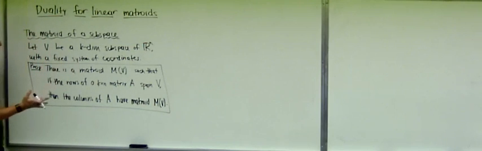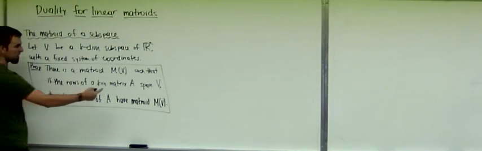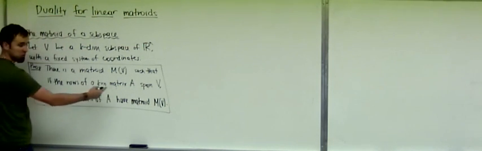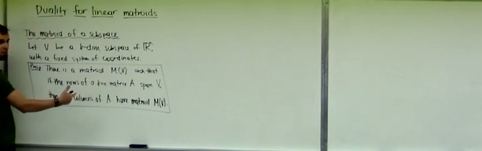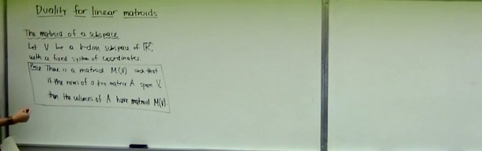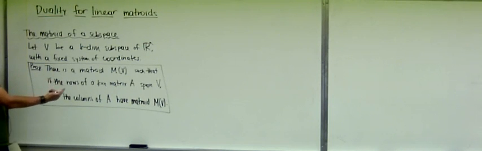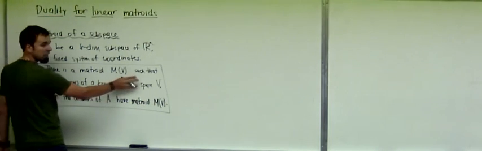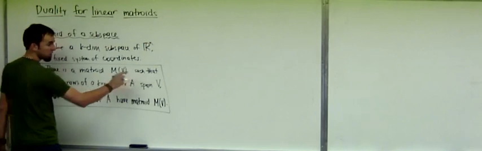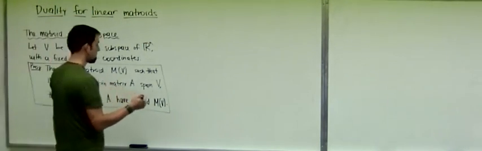The point of this exercise was that it doesn't matter which basis you choose, which matrix A you choose, you're going to get the same matroid. And so that must mean that we should be able to describe this matroid without talking about A, only in terms of V, because it doesn't depend on A.